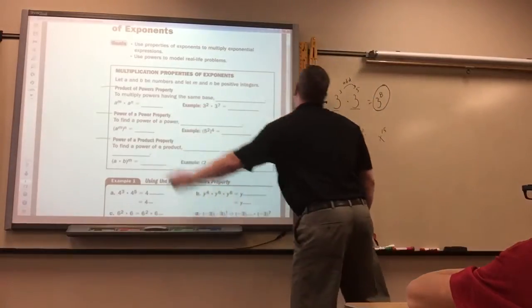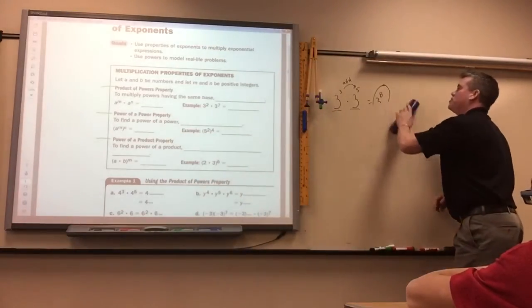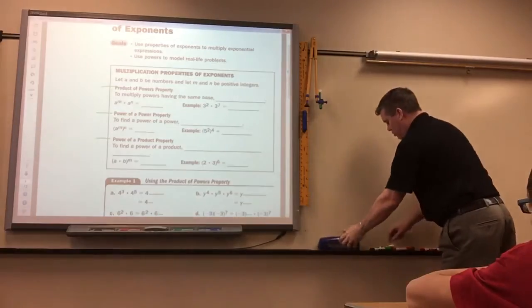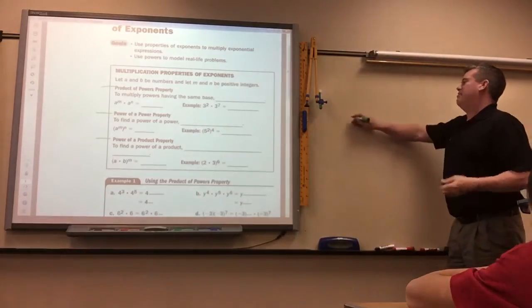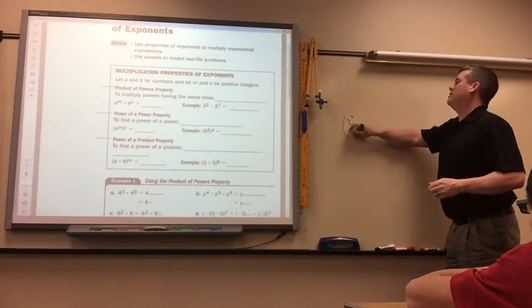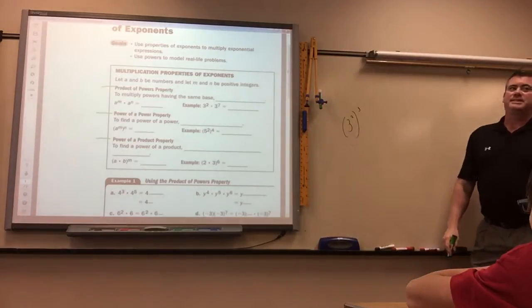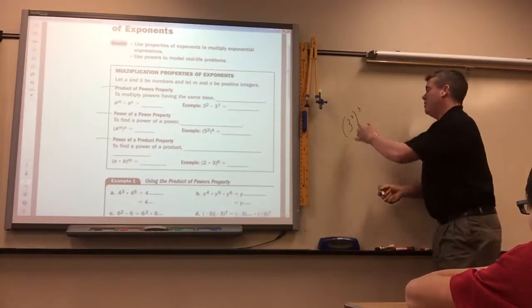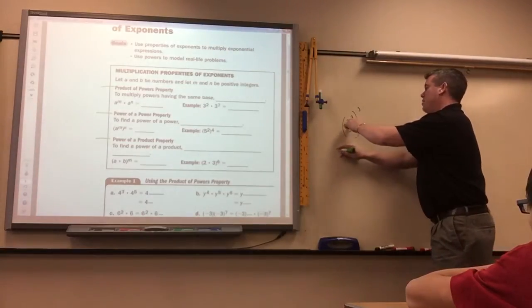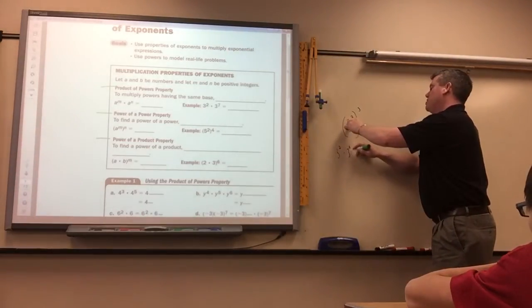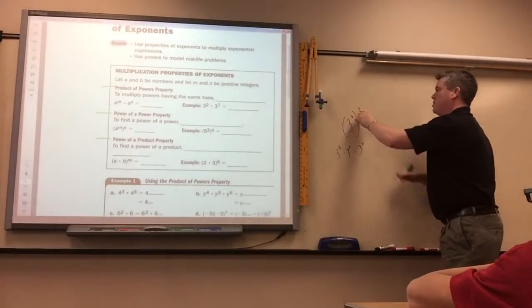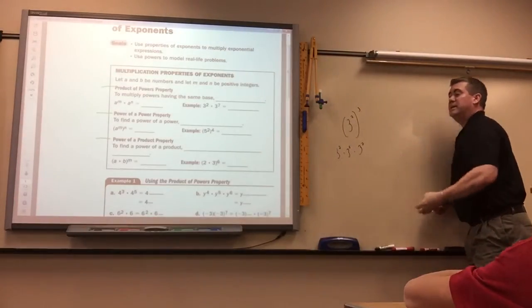The power of a power, it's really, if you just use your math rules, if you got 3 squared and then you take that to the 3rd power, you multiply them, yep. What this means is you've got a 3 squared times a 3 squared times a 3 squared. There's 3 of these 3 squares.